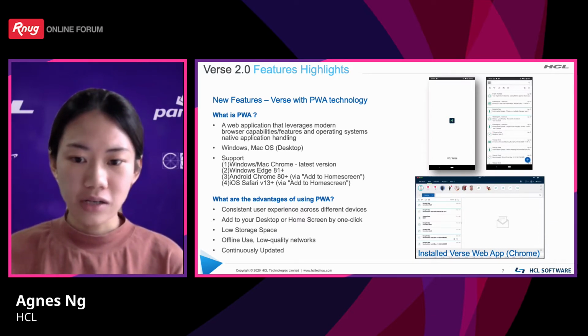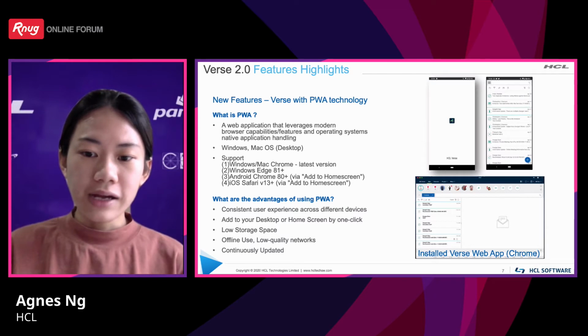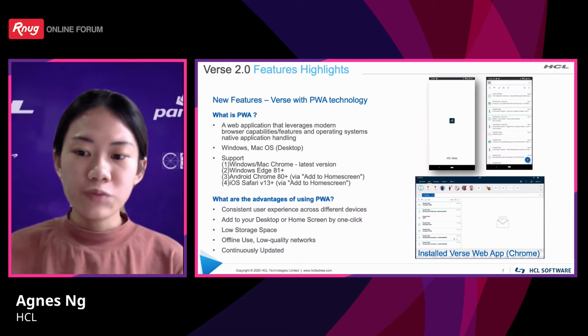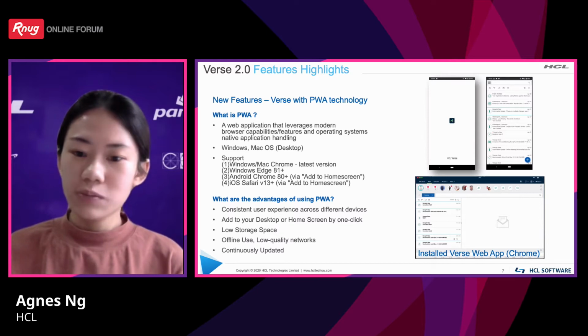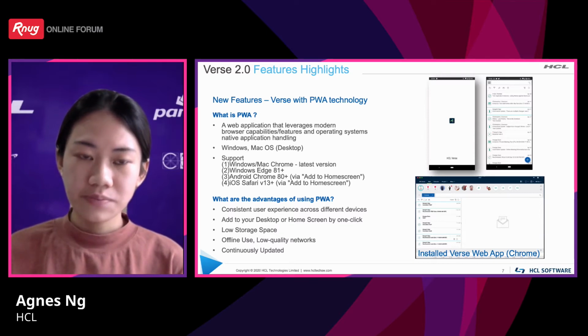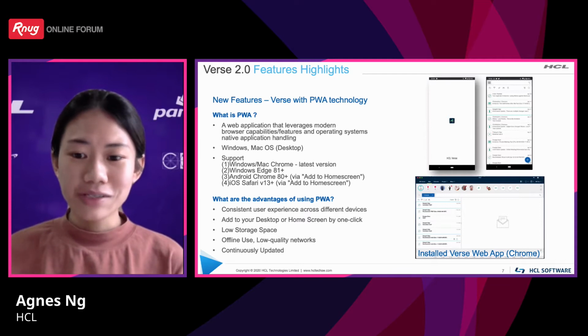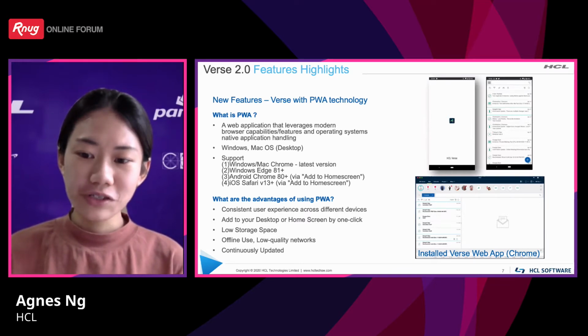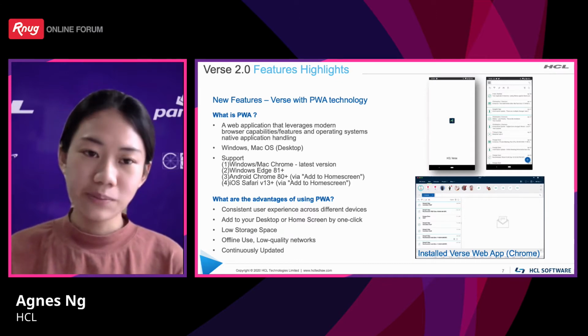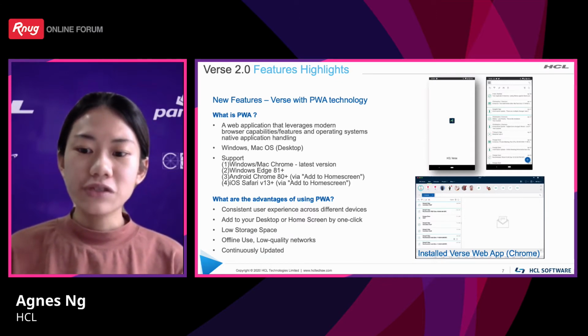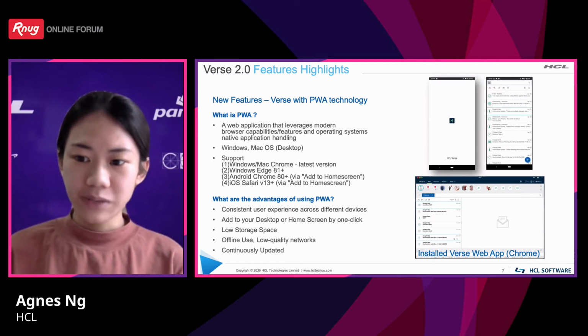So instead of building a real native application for Verse, why do we choose to adopt PWA technology? The answer is very simple. First, it has a lower storage footprint than a normal native app. Second, it offers you a consistent user experience.